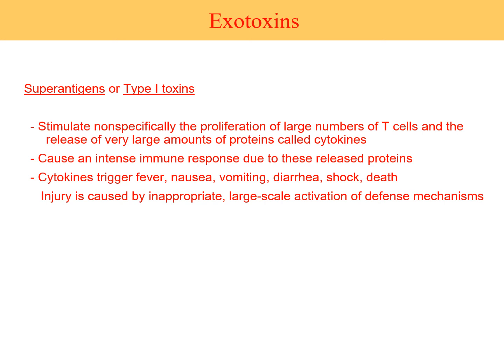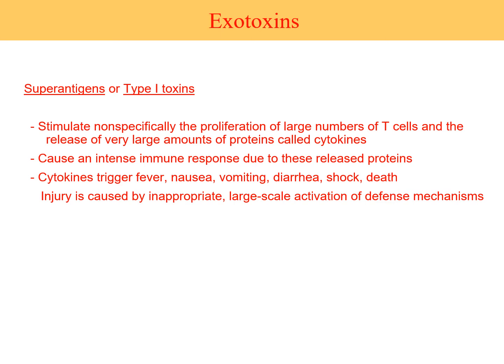But here you're getting such a large number of T cells activated that you get a very large amount of cytokines released. So you get an intense immune response that's so potent that it triggers high fever, nausea, vomiting, diarrhea, shock, and even death. The injury is caused by the inappropriate, overly large scale of activation of the T cell defense mechanisms.